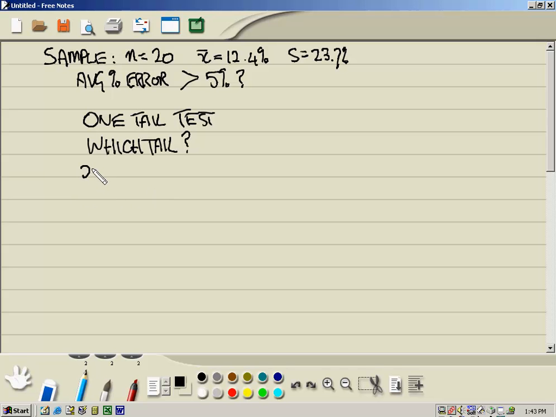So we go through the routine. X bar is 12.4%, and we compare it to the fixed given value. 12.4 is clearly greater than 5%, so it'll be in the upper tail. So we do an upper tail test.